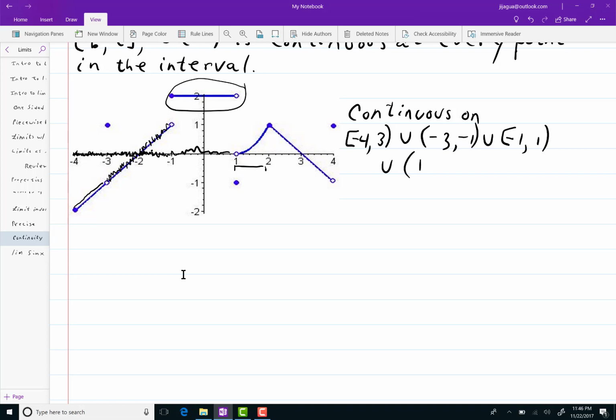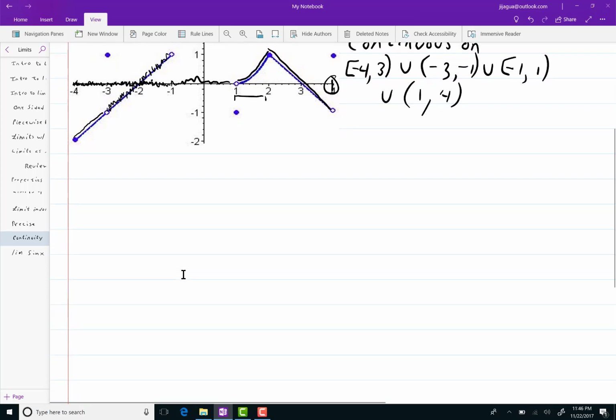The fact that they put a dot here kind of led me to believe that I should stop there, but I shouldn't. Actually, if you look, there's no break in the graph from here all the way until we get to 4. So from 1, not including 1, all the way to 4. So those are the intervals where it's continuous.